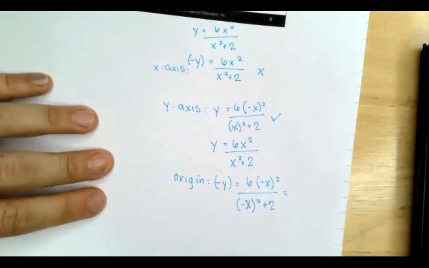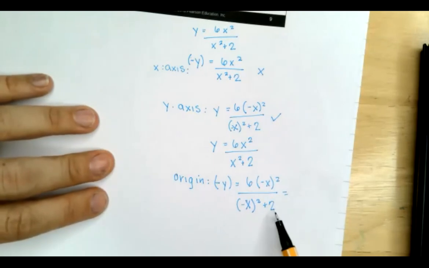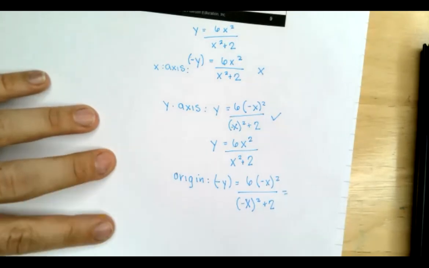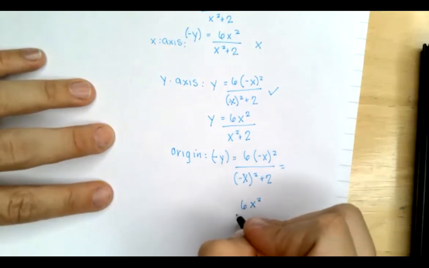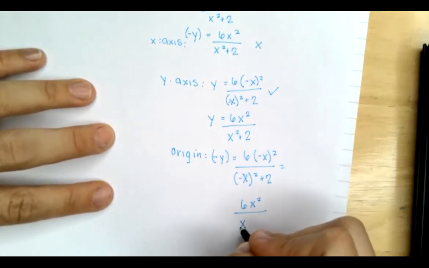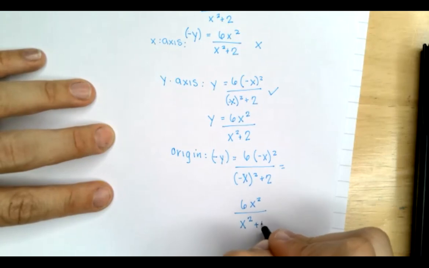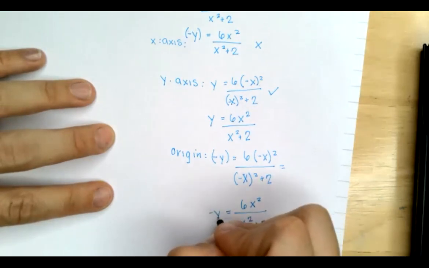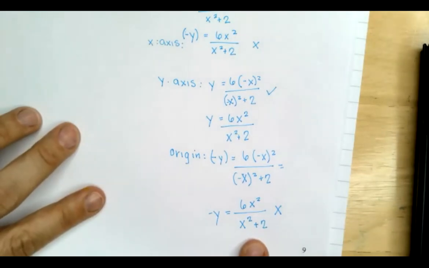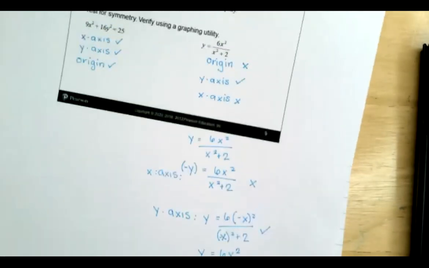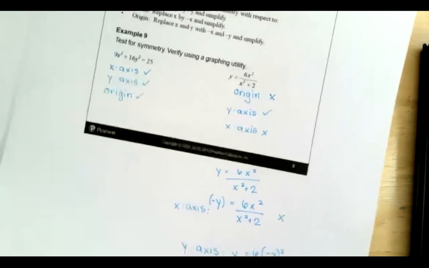Whether you do it graphically or algebraically, you should get the same answer. So negative x squared is a positive x squared, so that one's okay. Here the negative x is the same as a positive x, but we still have a negative y, so that is not symmetric according to the origin, just like our graph, the picture of it, told us.